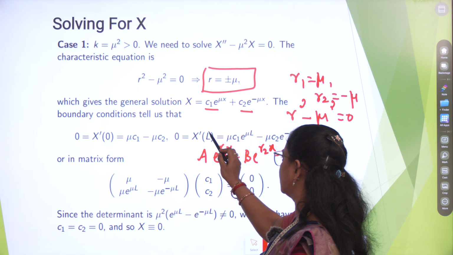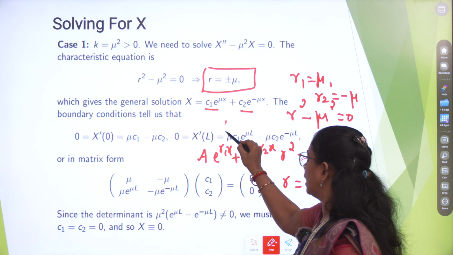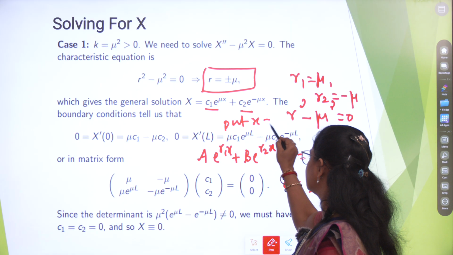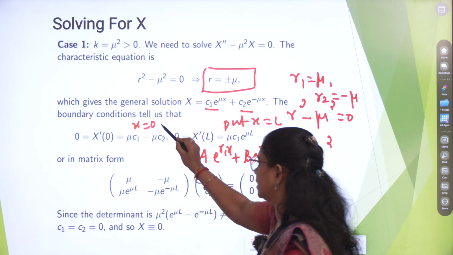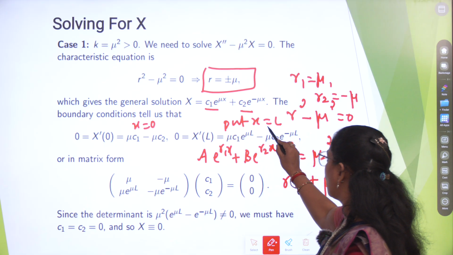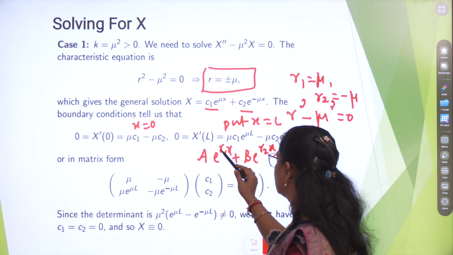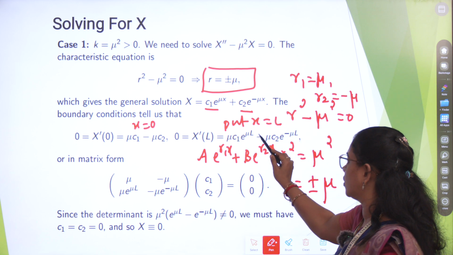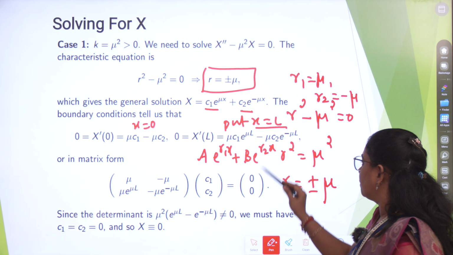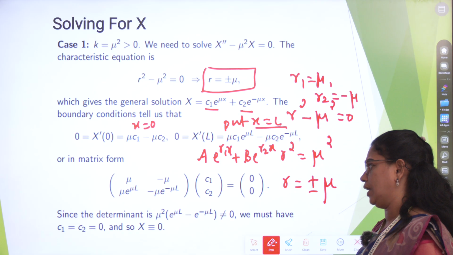So 0 equals X'(L); put x equal to L. The first is the condition at x equals 0, the next is the boundary condition at x equals L, giving mu c1 e^(mu L) minus mu c2 e^(minus mu L).